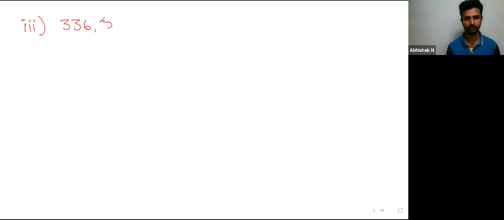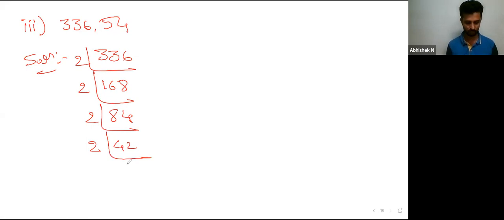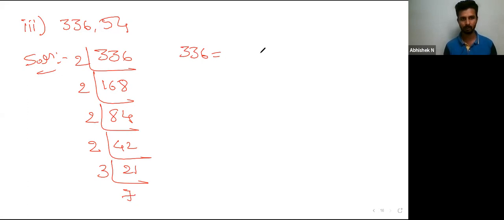Now we need to verify that HCF multiplied by LCM is equal to A into B. Just take the factors of 336: divide by 2, you get 168. Again divide by 2, you get 84. Again divide by 2, you get 42. And again divide by 2, you get 21. And divide by 3. So the factors of 336 are 2 to the power 4 into 3 into 7.